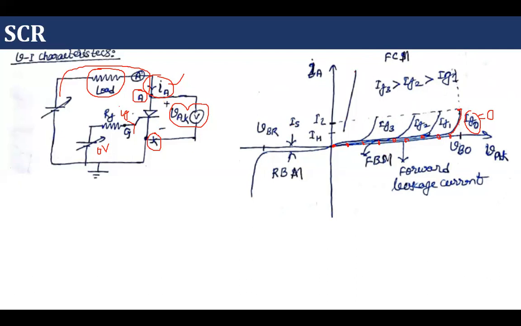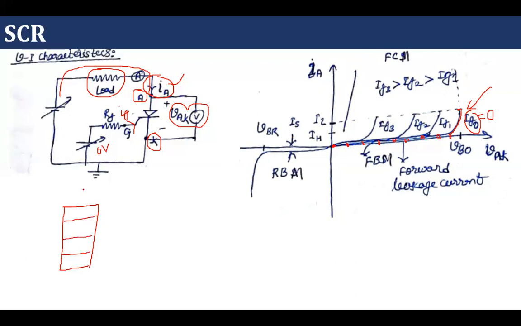But if we operate the device after breakdown, there is a large possibility that the device will burn out. So we have to avoid this condition. We should never operate the device after breakdown. Now, why is breakdown needed? Why is it not allowing flow of current?